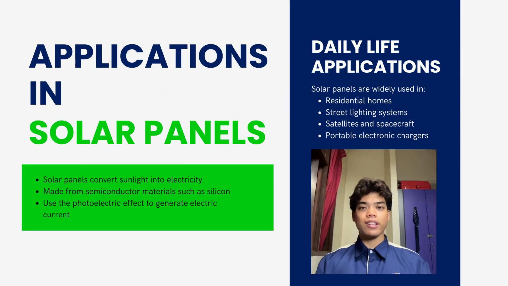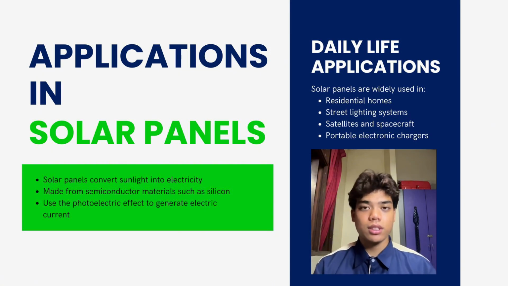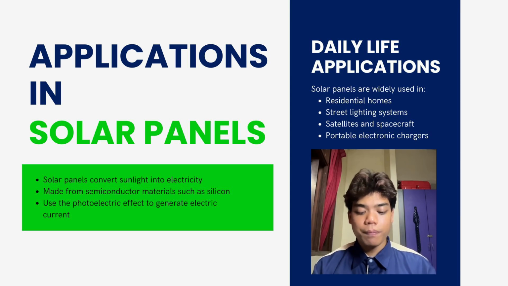So here is the application of solar panels. But first and foremost, let me explain further details of solar panels and their function. Solar panels convert sunlight into electricity. They are made from semiconductor materials such as silicon, and are a perfect example of the photoelectric effect usage, as they can generate electric current.